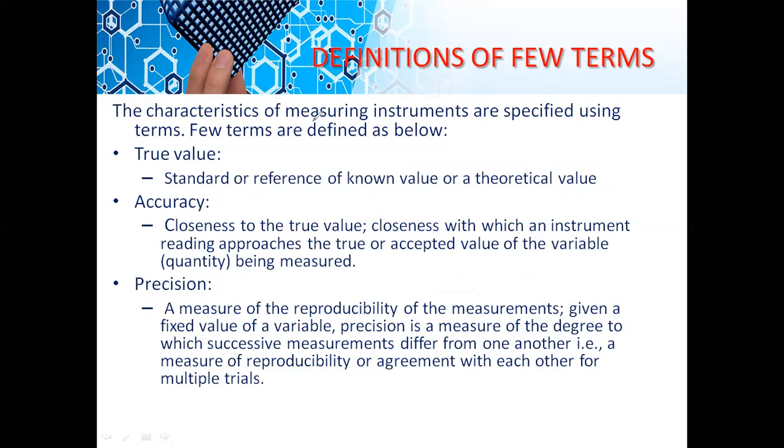The characteristics of measuring instruments are specified using terms. A few terms are as below. The first is true value. True value is a standard or a reference of known value or a theoretical value. Standard or reference. That means true value is an absolute value.